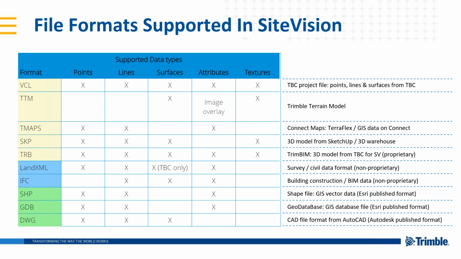I'm not going to go through this line by line, but it shows a range of Trimble formats in the yellow, and then there are some open industry standard formats in the blue, and then some third-party formats in the green.